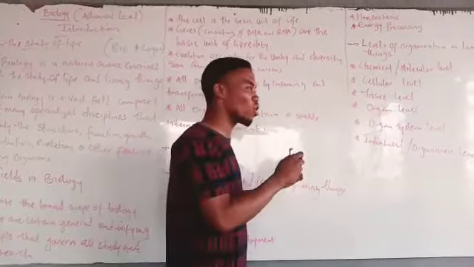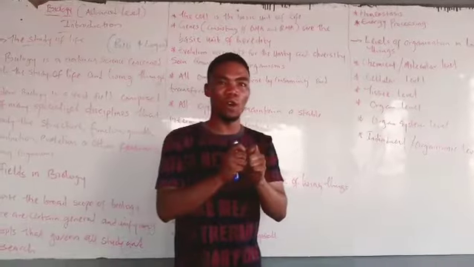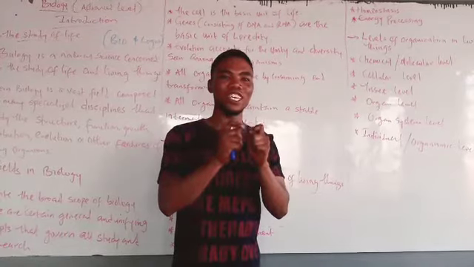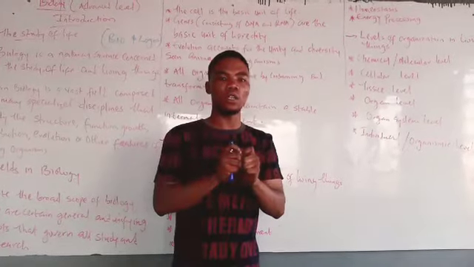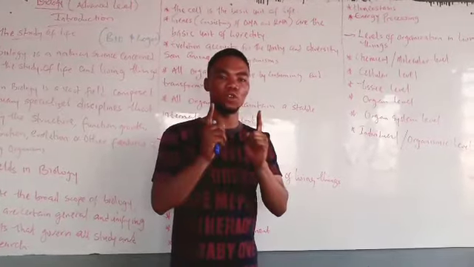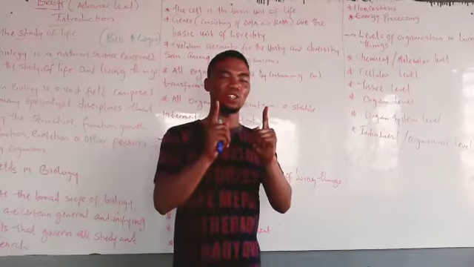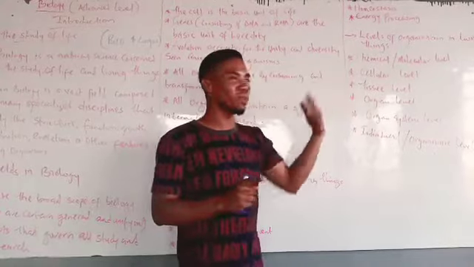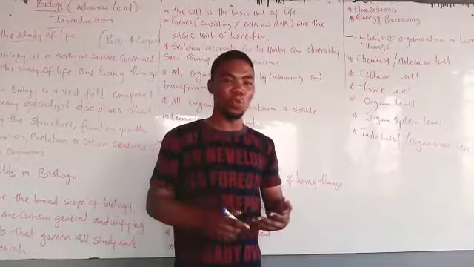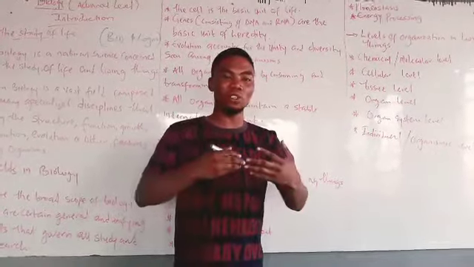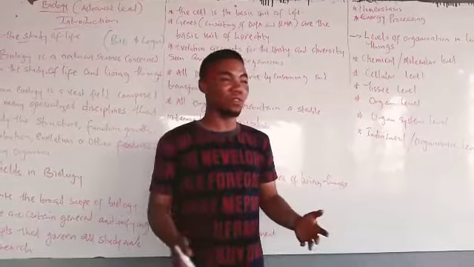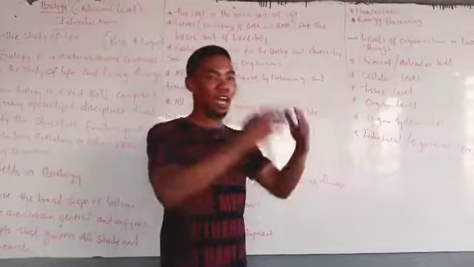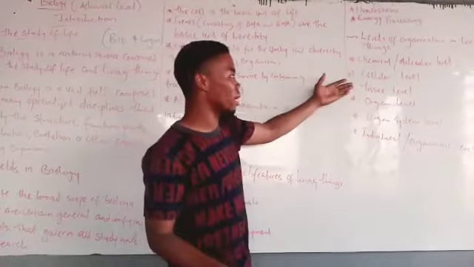That is why we have some organisms that are unicellular, that is, they contain just a single cell, because a cell on its own can perform a variety of functions. For example, a cell on its own can respire. We have cellular respiration. The cell can carry out metabolism, that is, generate energy for itself. The cell can also excrete. So different functions can be carried out by the cell.